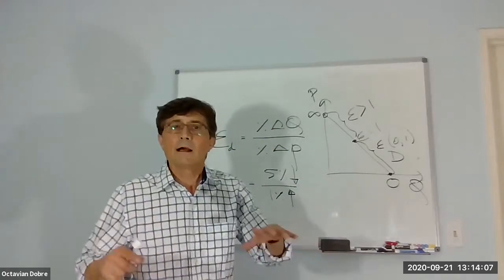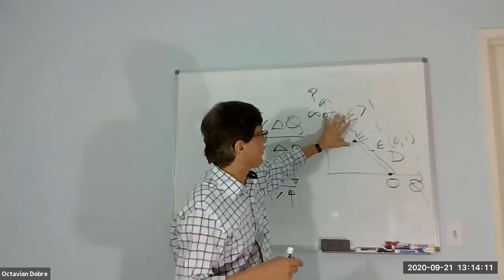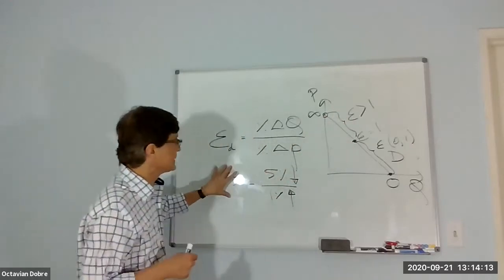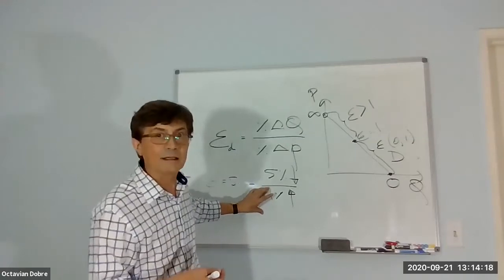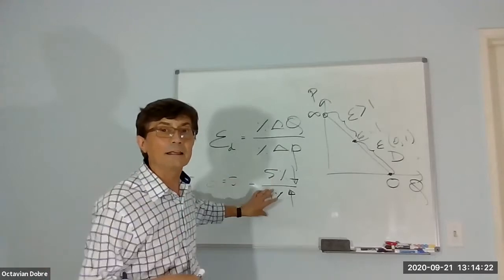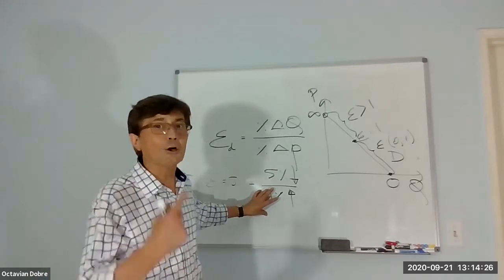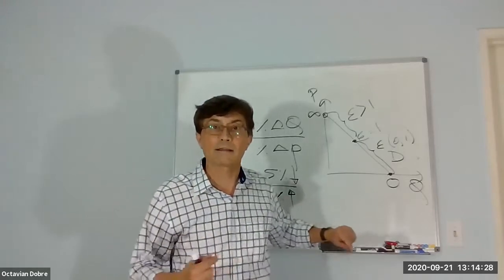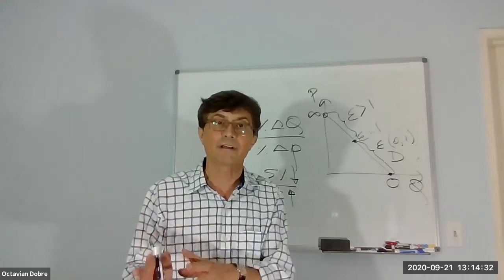So when you are on this portion of the demand curve where the elasticity is greater than 1, if I increase the price, the loss from sales is going to be greater than the gain from the increase in price. Therefore, it's not a good idea to jack up the price. My total revenues will go down if I increase the price.